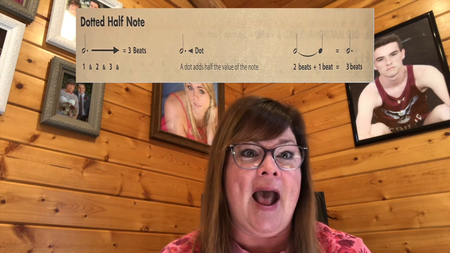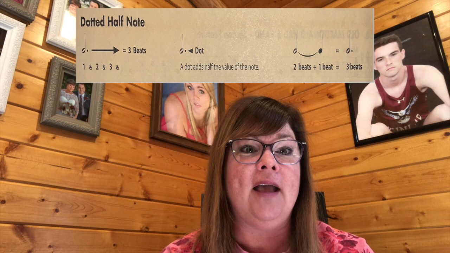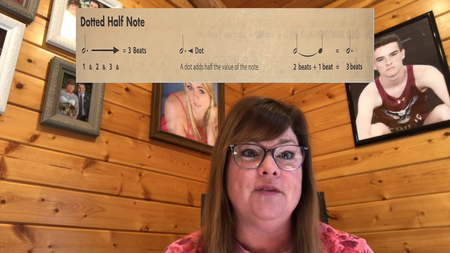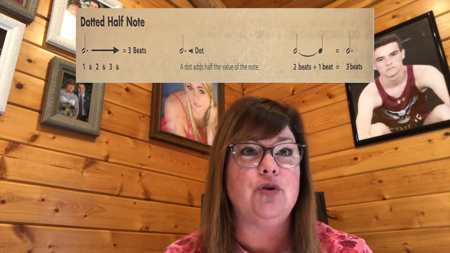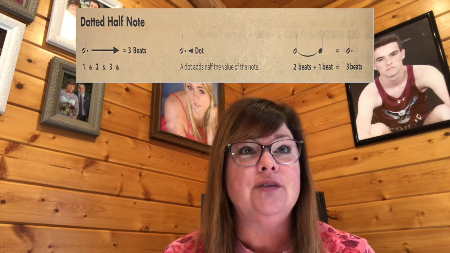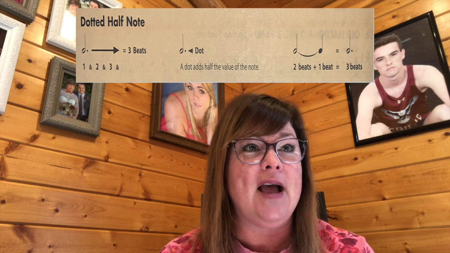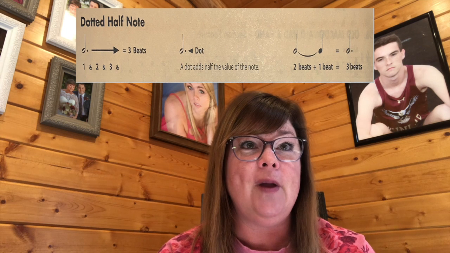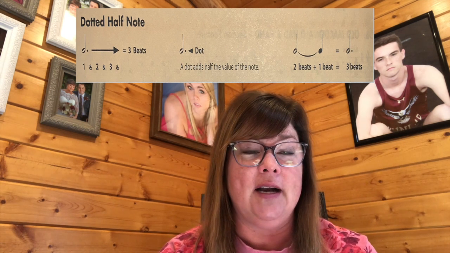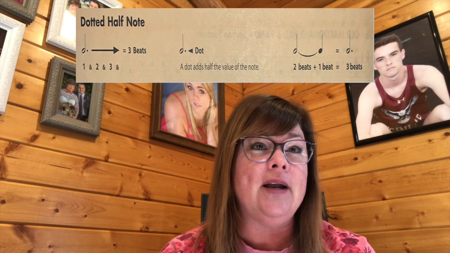Well, what is half of a half note? Half of 2 is 1. So 2 plus 1 is 3. So when they want you to play a note for 3 counts, they're going to be able to do it 2 different ways. They're going to be able to write it as a dotted half note, or they're going to be able to write it as a half note tied to a quarter.